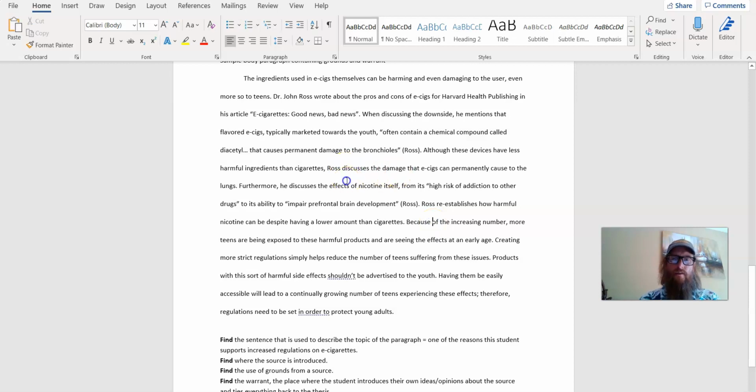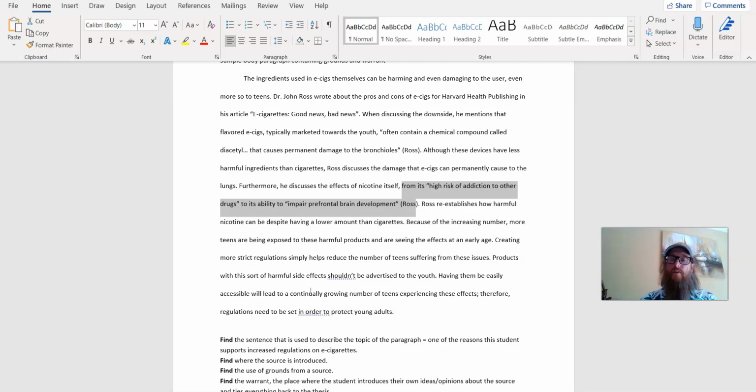Okay? They permanently cause lung damage. And there's a potential for a risk of addiction to other drugs and impairing prefrontal brain development. There's the grounds, right? So you've read a bit about the topic, right? And so you understand why this is kind of scary stuff.